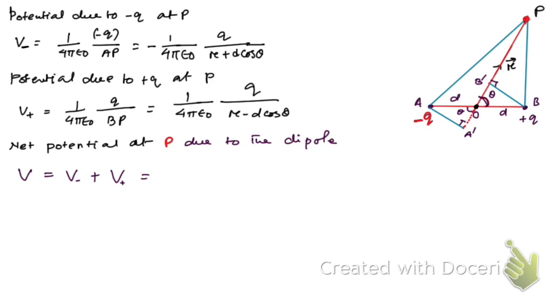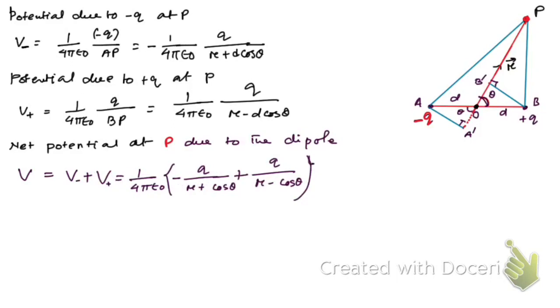Here you can see that we can take this quantity common. 1 by 4 pi epsilon naught is taken common, and within the bracket we have minus q by r plus d cos theta, and plus q by r minus d cos theta, right?